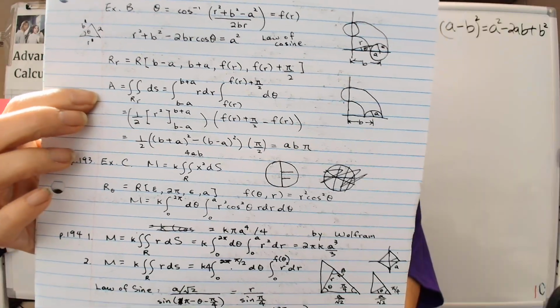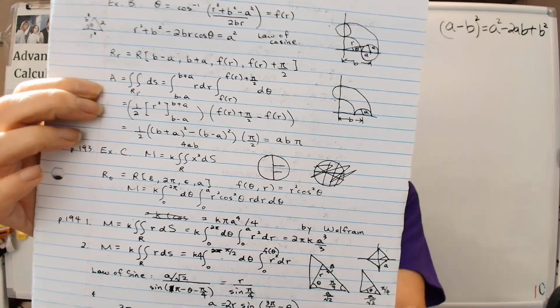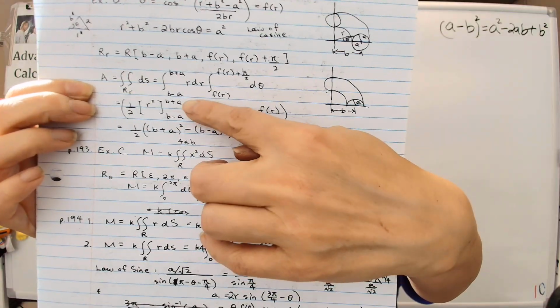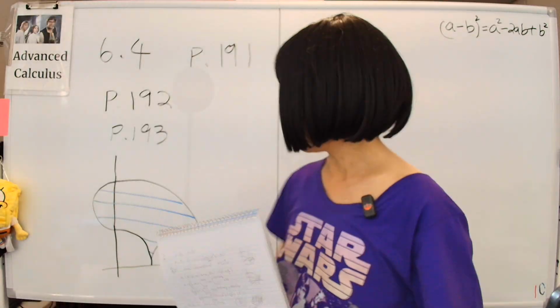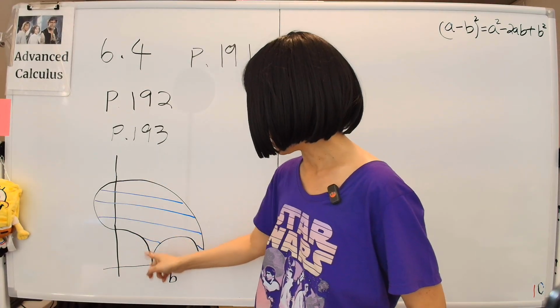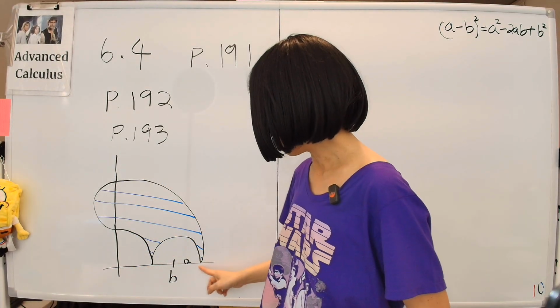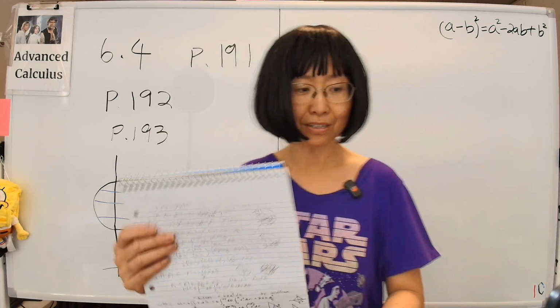So the area, according to the iterated formula, requires finding the endpoints very carefully. The radius of this region goes from b minus a, this part, all the way to b plus a, this part. That's the R variation. So far so good.